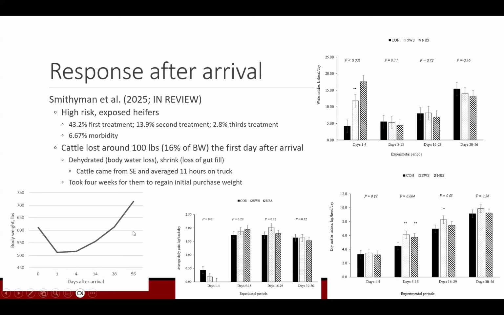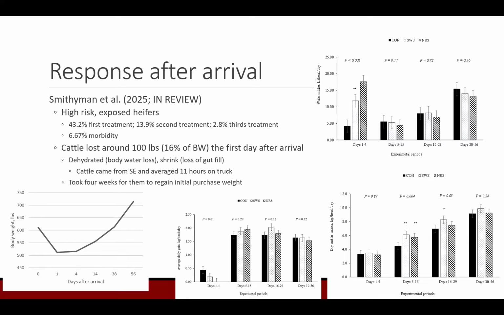Okay. So cattle will pretty much always lose weight after they get received. A lot of that is lost during transportation when they're held for up to 12 hours or longer, depending on where they're shipping from and being shipped to. So the extent that they will lose weight kind of depends on those things, right?